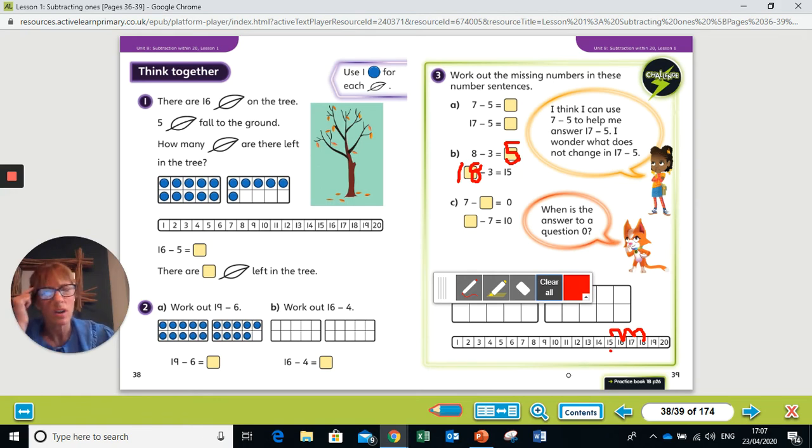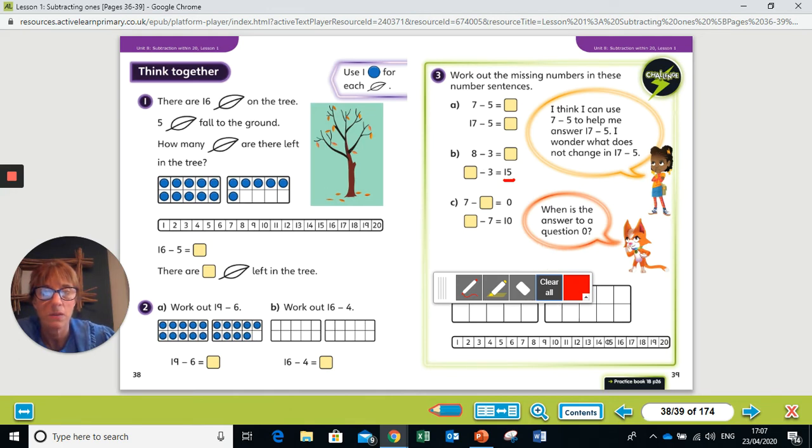Now, if we couldn't work it out with the 10s and 1s, how else could we do it? So our answer, I was hoping you were going to shout that out, our answer is 15. So this number's got to be bigger than 15. This number we have to take 3 away from and we get 15.